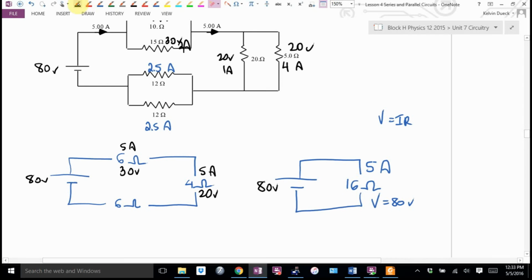So you could say 30 volts, 30 volts. 30 divided by 12 is 2.5. You could say the resistors are identical, so it's going to split the current, 2.5. You could say, hey, I know there's 5 amps going through there, so even though we got the 30 volts by subtracting from the chairlift, I could also have gone 5 times 6 and got the 30 volts as well. We now have multiple approaches that are giving us the same answer.